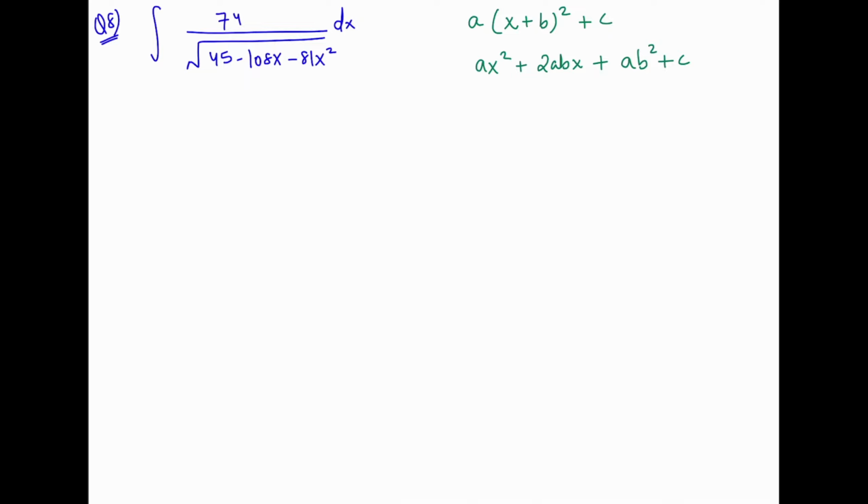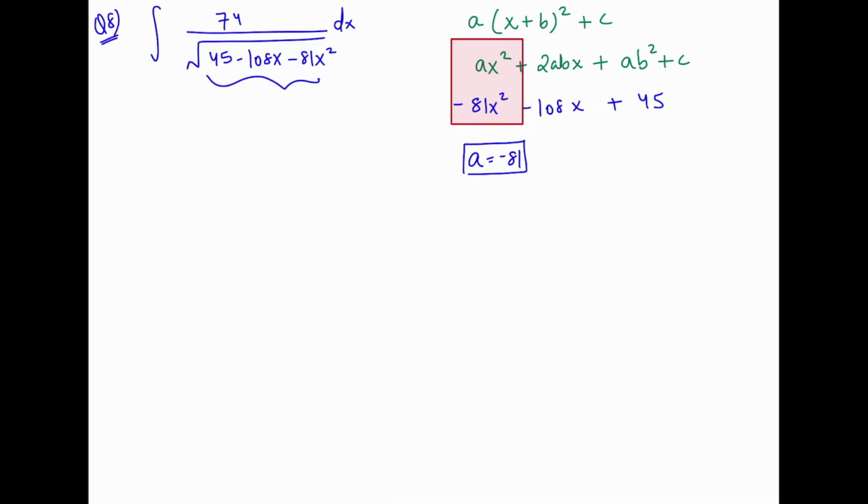So let's see. If I compare this to my given quadratic here, I know by comparing these two, I can clearly say that A needs to be negative 81. Right? Because the coefficient should match up. That's why A needs to be negative 81.